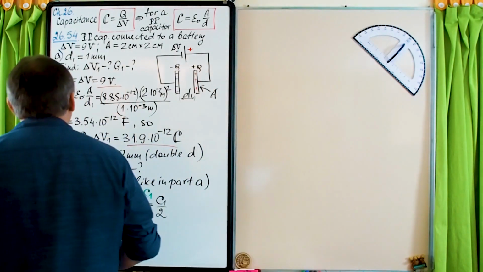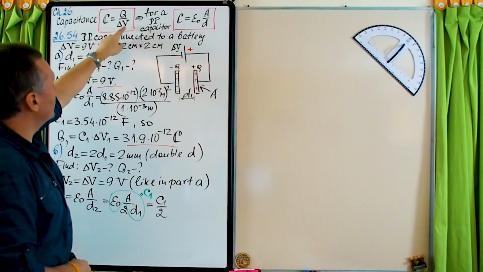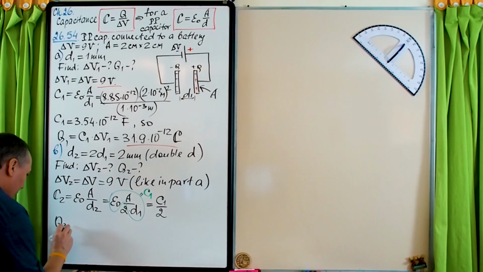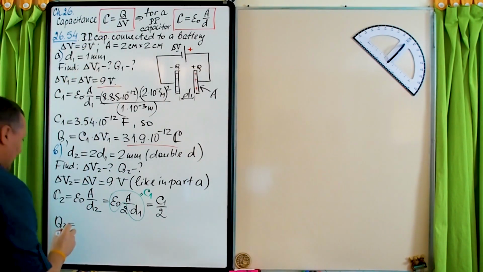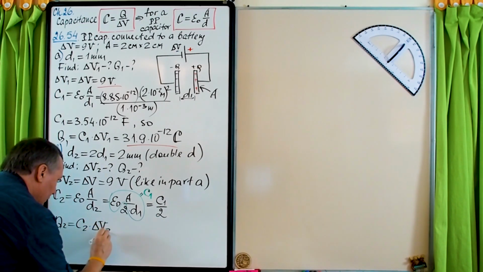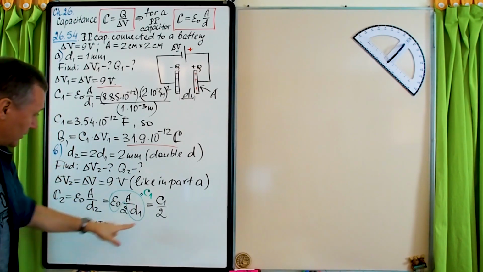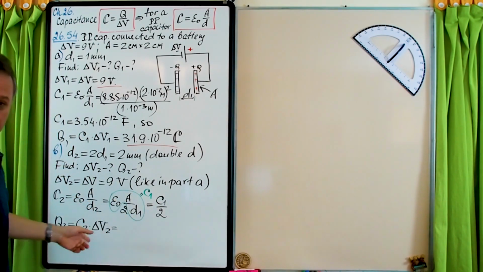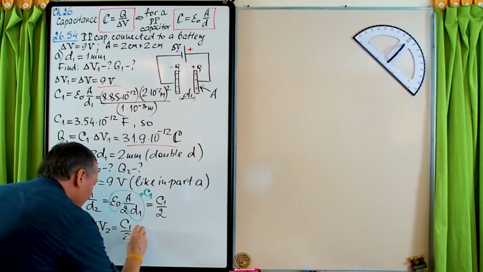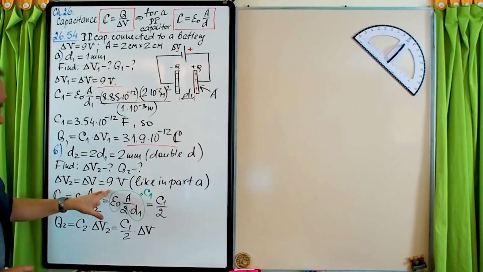Okay, so now we can get charge Q2 by multiplying C2 and delta V2. So then, of course, Q2 equals C times delta V, so C2 times delta V2. C2 is C1 over 2, so I plug it here: C1 over 2 times delta V2, which is just the potential difference across the battery.